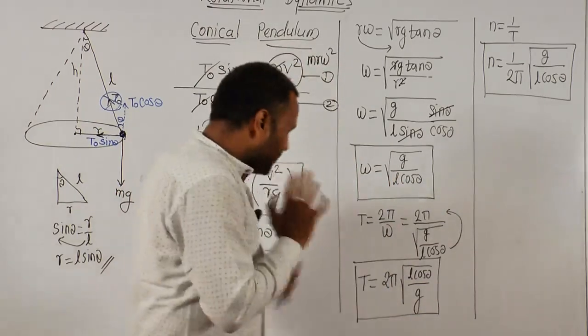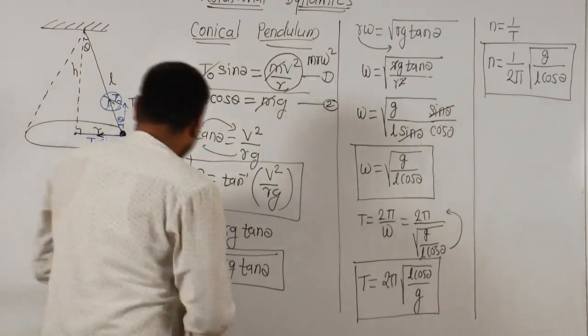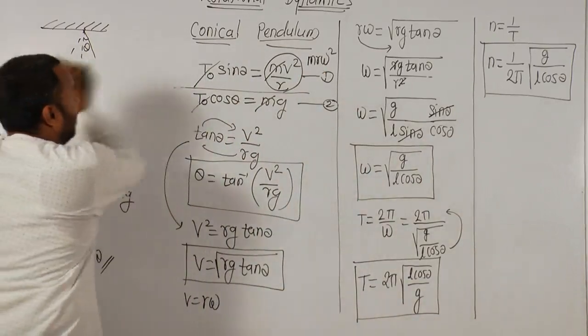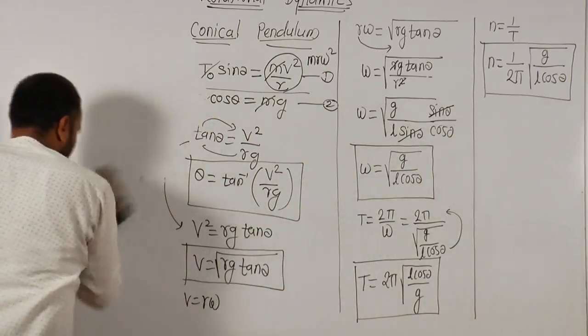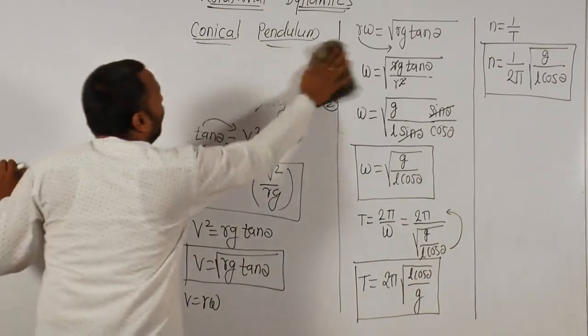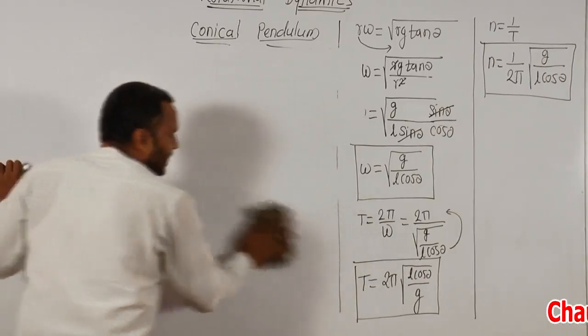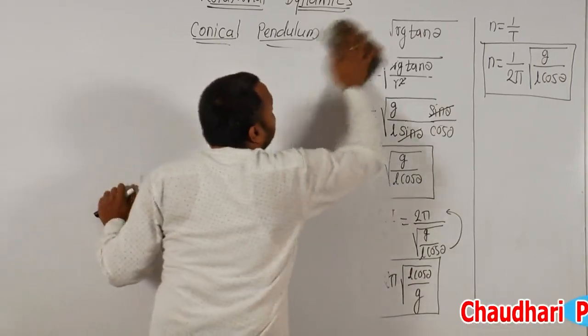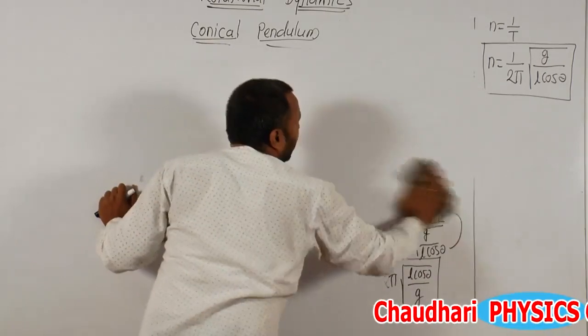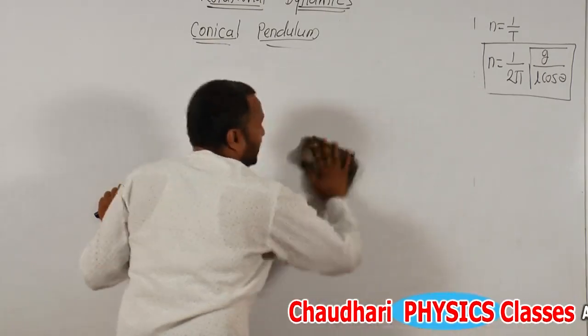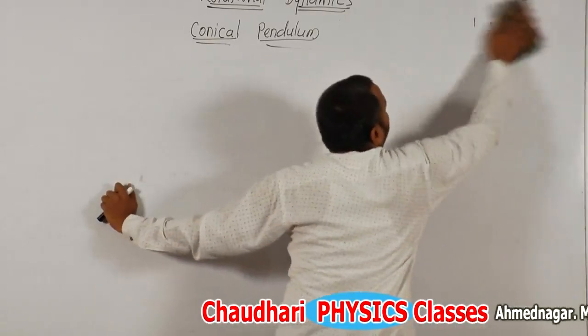Now observe this case. The second case is like this: a vehicle moving on a curved path, or we can also say this is a concave bridge. This example also says that this is a concave bridge, with a vehicle moving on it.